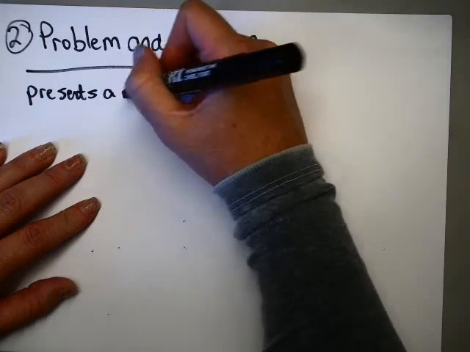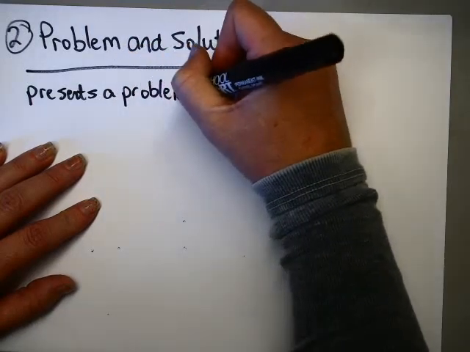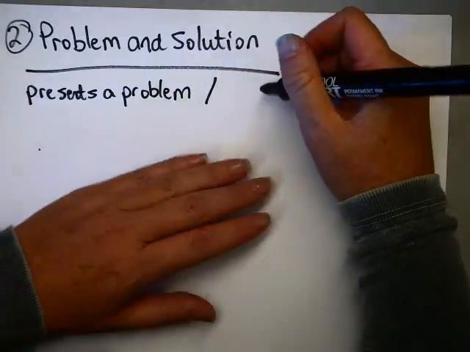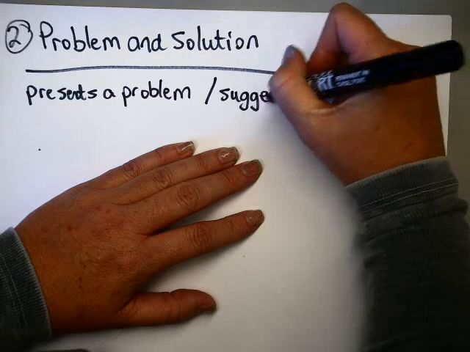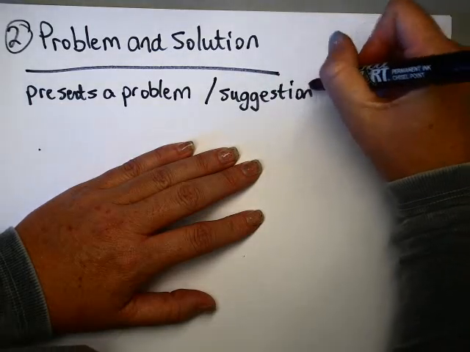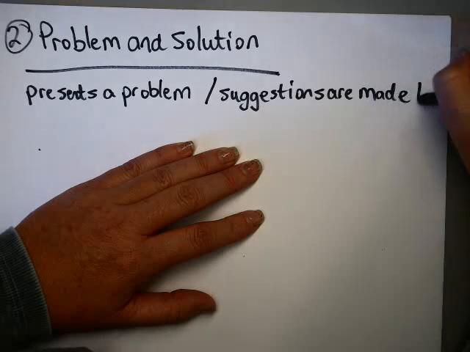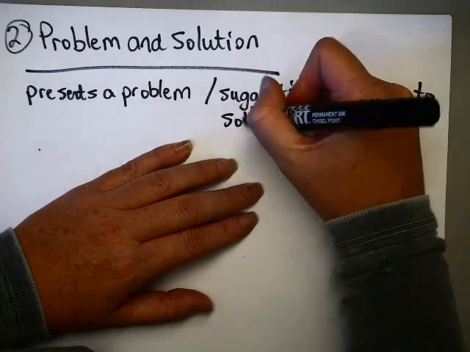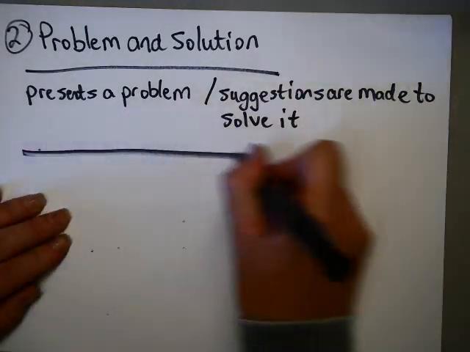It could be more, but typically one. And then what happens is that suggestions are made for solving it.